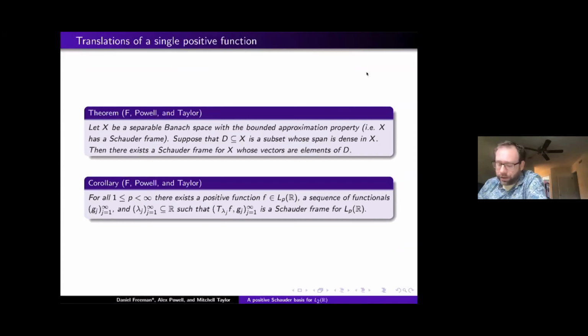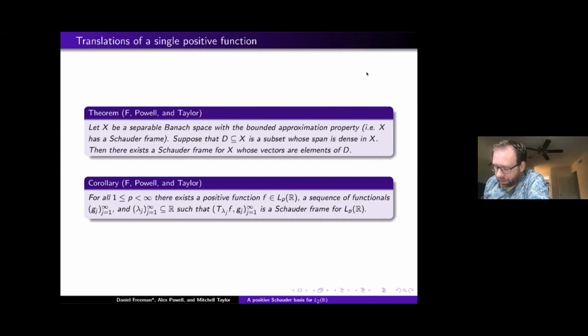So one of the things we looked at was what happens if we combine things. Now instead of just looking at a positive coordinate system or a coordinate system of translations of a single function, what about coordinate systems of translations of a single positive function?